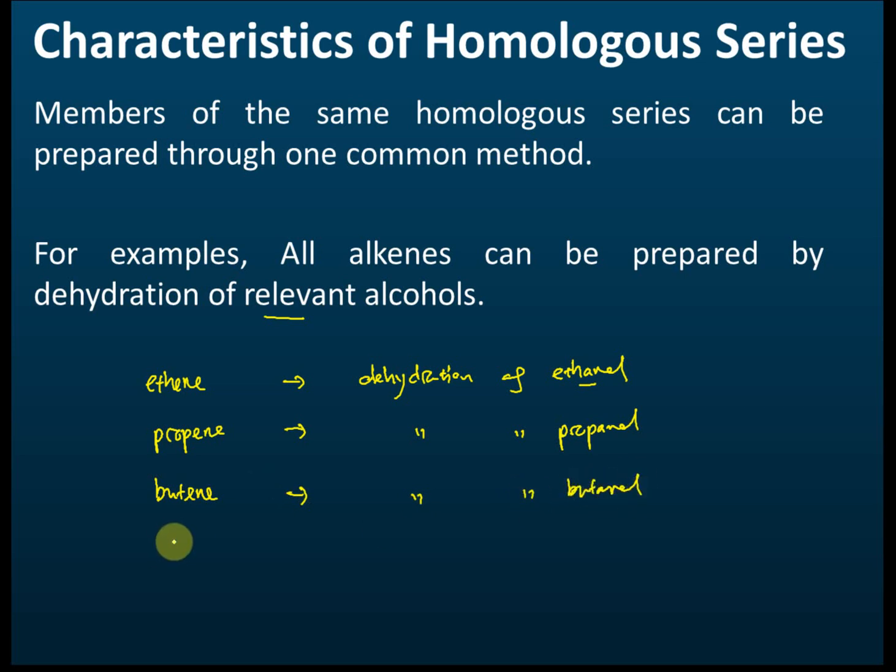And if we want to prepare pentene, we can use dehydration of pentanol, and so on. So all the members in this homologous series can be prepared by using the same method, which is dehydration of alcohol. The only difference is we use different alcohols to get different alkenes.